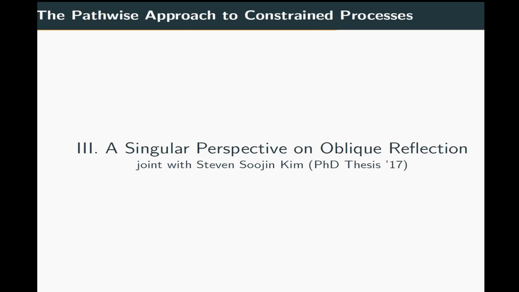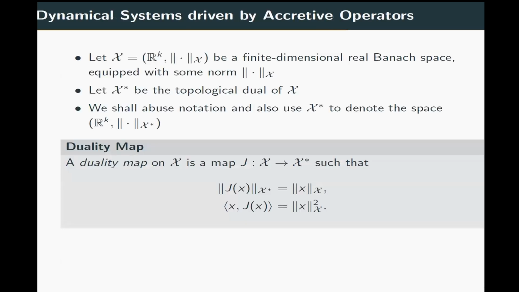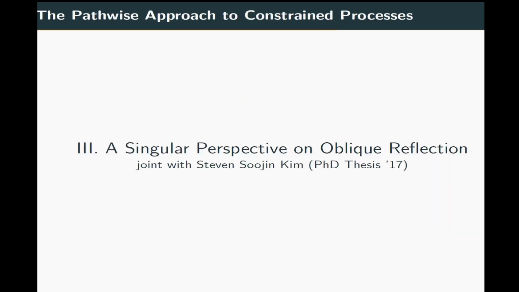Okay, so now a singular perspective on oblique reflection, the last part. So I have to go back, and let me anticipate what we're trying to do. Now we have oblique reflection. And we saw that with normal reflection, you might have singular processes as well, and it was put into one framework by maximal monotone operators. But now we have oblique reflection.